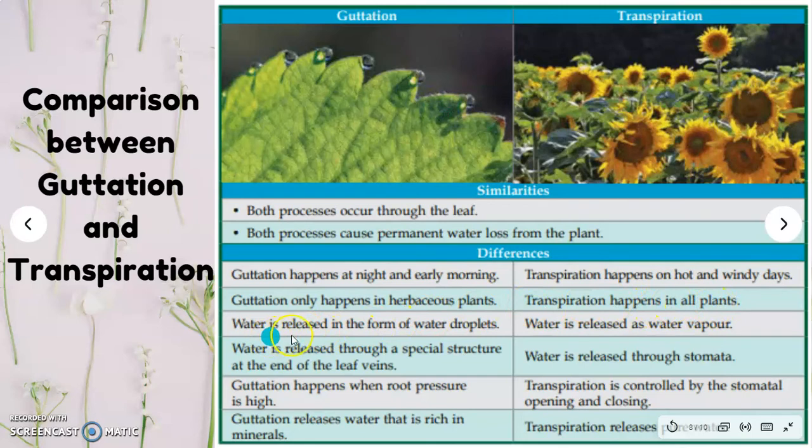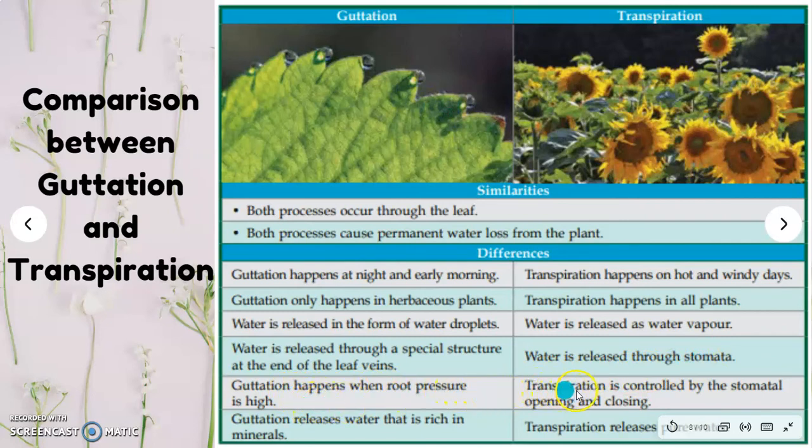Water is released in the form of water droplets in guttation, whereas in transpiration, water is released as water vapor. Next, water is released through a special structure at the end of the leaf vein for guttation. For transpiration, water is released through stomata. Guttation happens when root pressure is high.